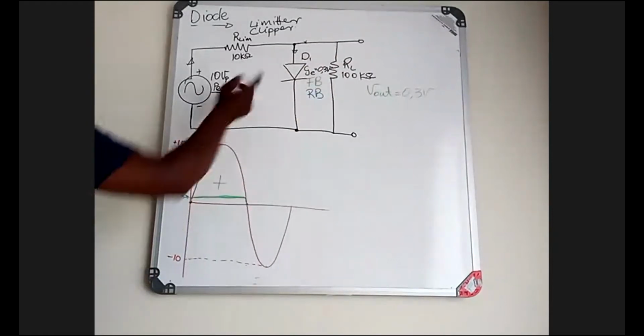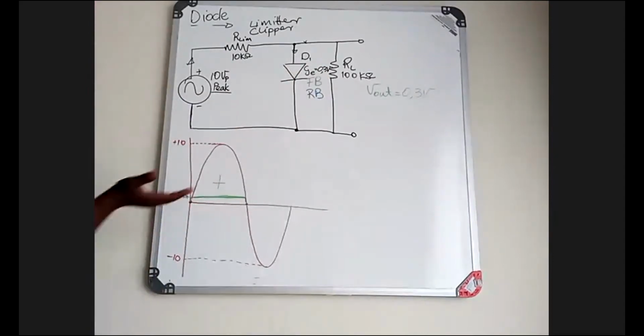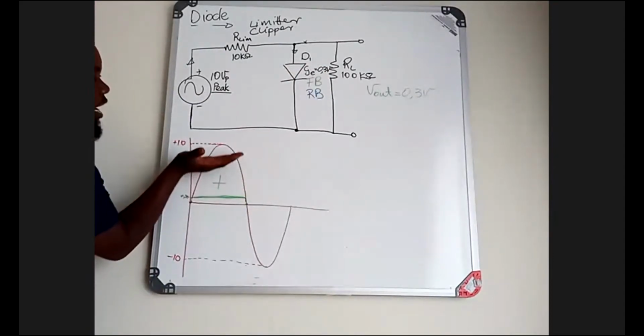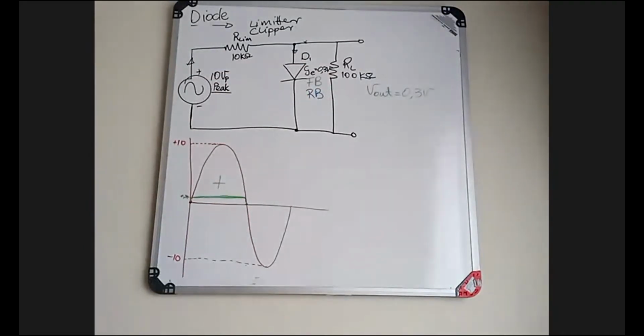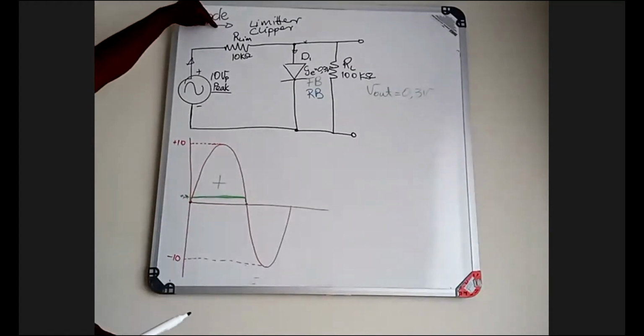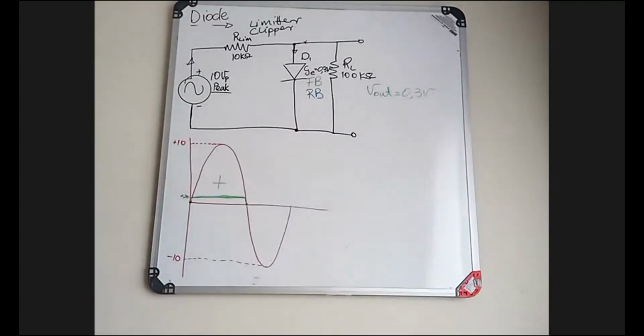Anything above 0.3 volts must be eliminated, which means from here going upwards, the output is not considered. Therefore, that's why they call it a diode limiter or a diode clipper circuit.